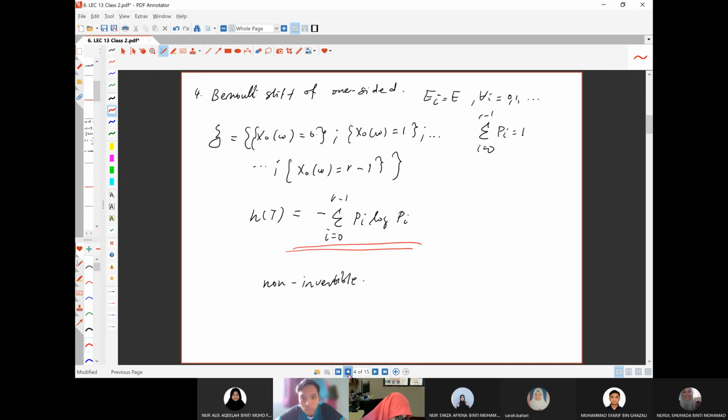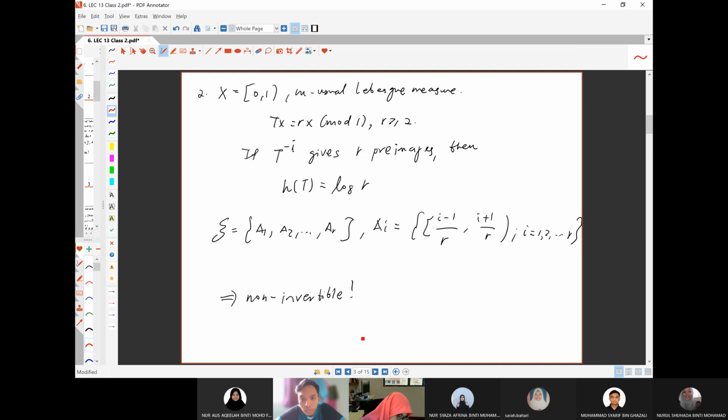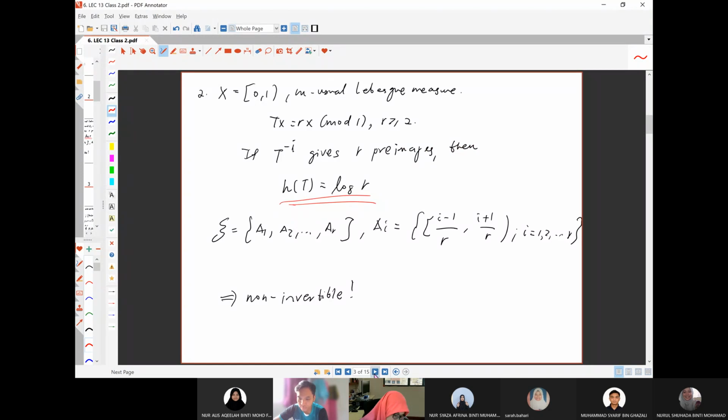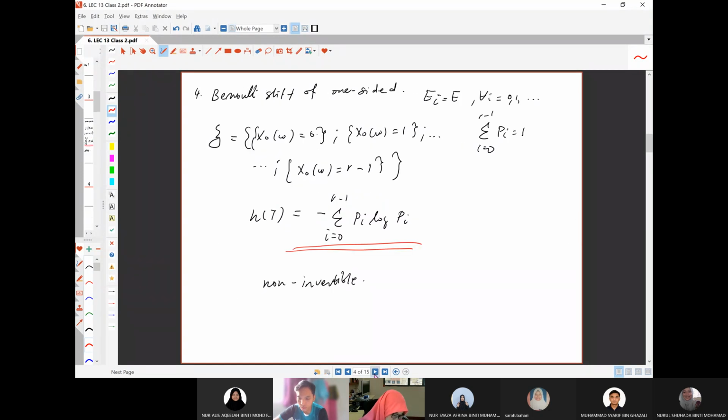In the previous one also you will have some values. But in example number 1 you have 0. So if you have 0, that means your transformation is invertible. If it is non-zero, that means it is non-invertible.